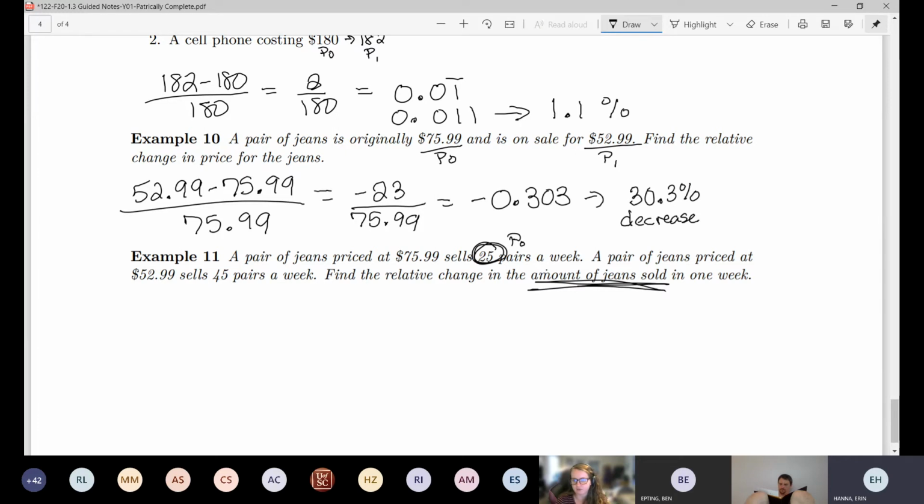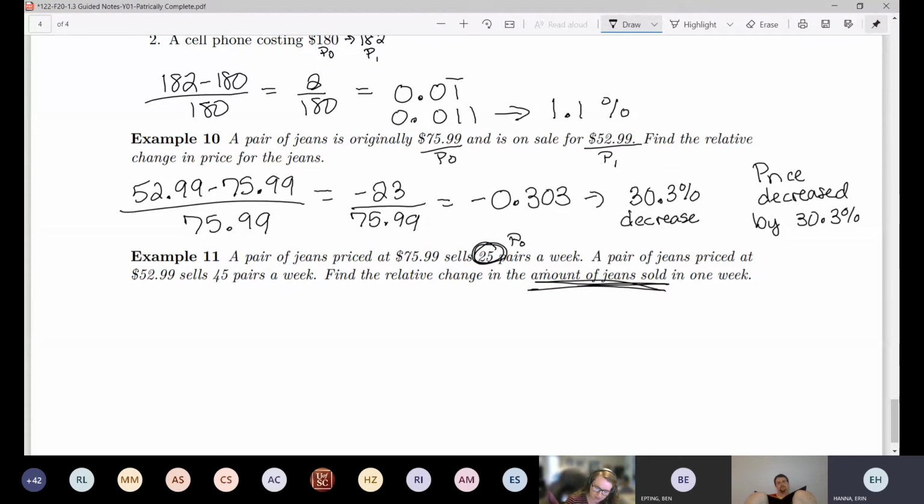If you put negative 30.3%, that's fine, but usually when we change it over to a percent, we're also putting it in context. So we'd say the price decreased by 30.3%. And once you put it into that context of decrease, you can essentially drop the negative because the word decreased takes its place.